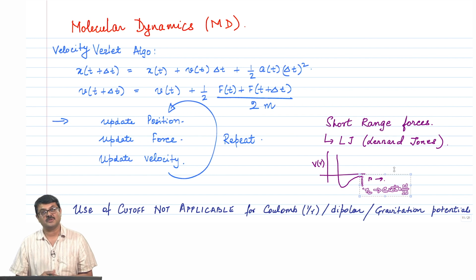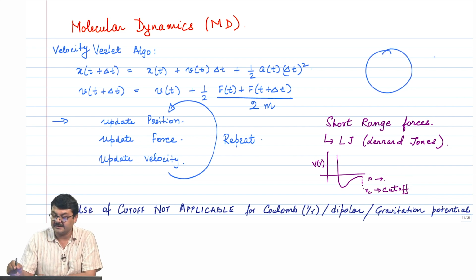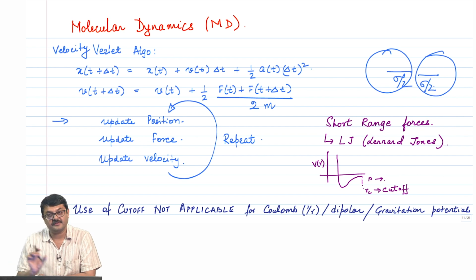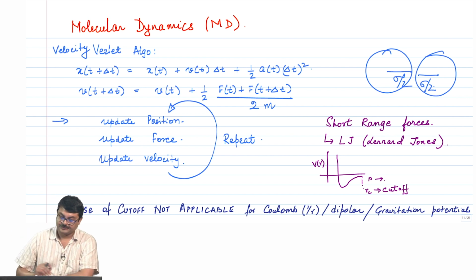What is sigma? Sigma was the diameter of the particles, or rather if you had two particles like this, this is sigma by 2, this is sigma by 2, right. The radius of the two particles, and when the two particles touch, the distance between the centers of the two particles is sigma.